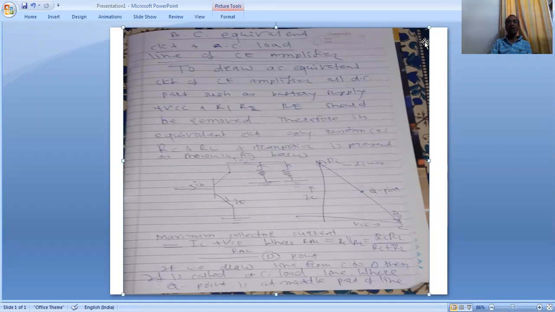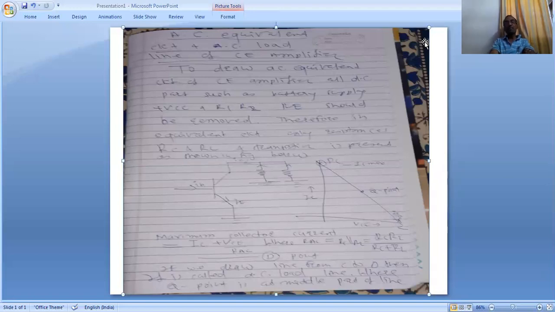To draw the AC equivalent circuit of the CE amplifier in the exam, you must first draw the diagram of the CE amplifier. Then from that circuit diagram you can draw the DC equivalent and AC equivalent.